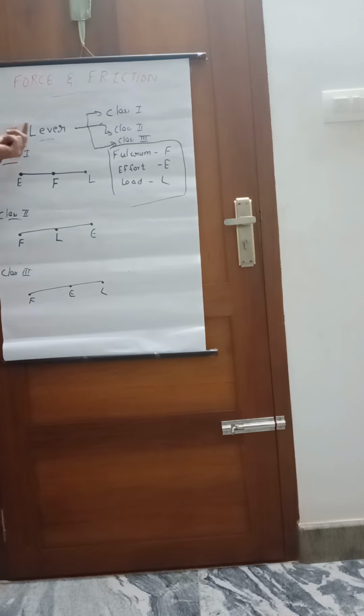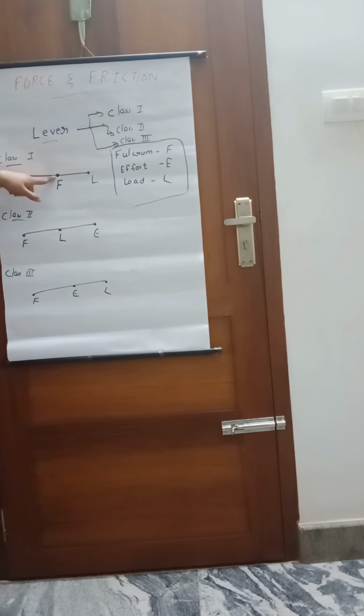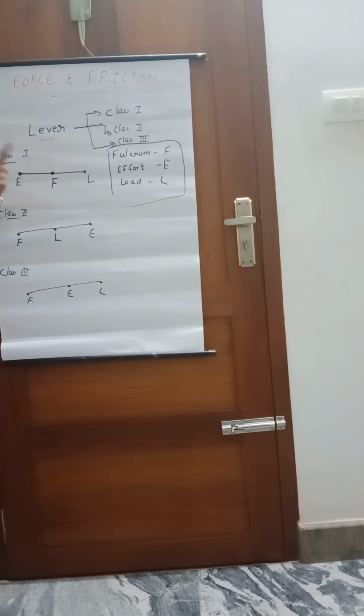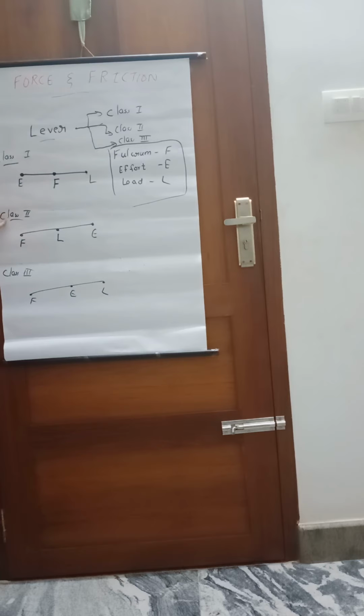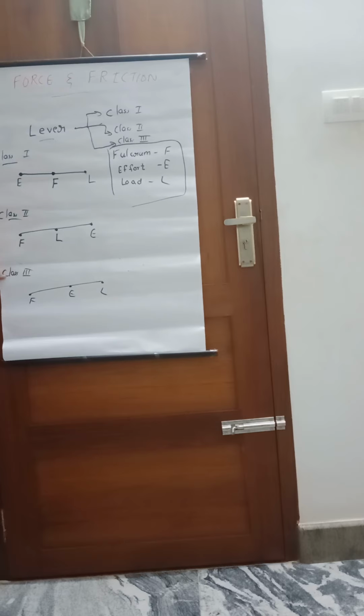So we know that lever is a rod which can be rotated at any fixed point, and that fixed point is known as fulcrum. So here at this fixed point, this lever can be rotated. In the case of class 2 lever, fulcrum is here, so at this fixed point, it can be rotated. And here, in the case of class 3 lever, fulcrum is here.